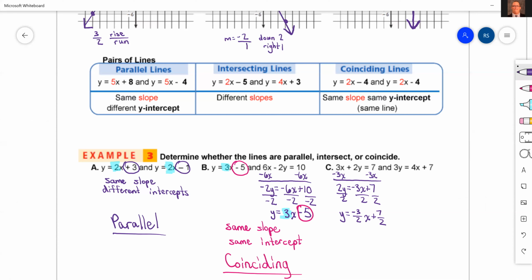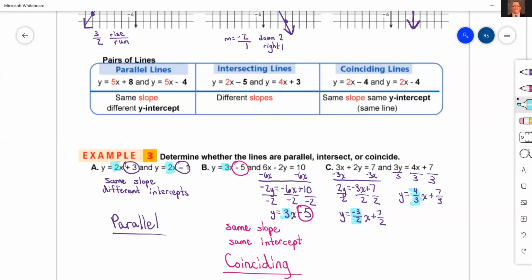Now what about this other line? Got a little bit of magic to work. We've got to divide by 3. We're going to get y equals 4/3 x plus 7/3. Okay, time to look at our slopes. -3/2 and 4/3.